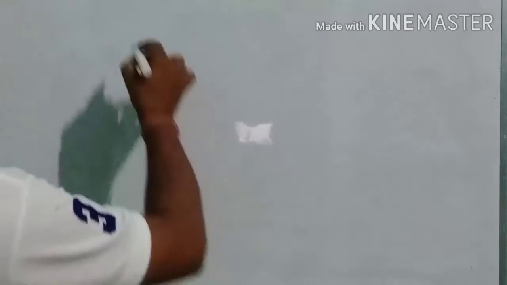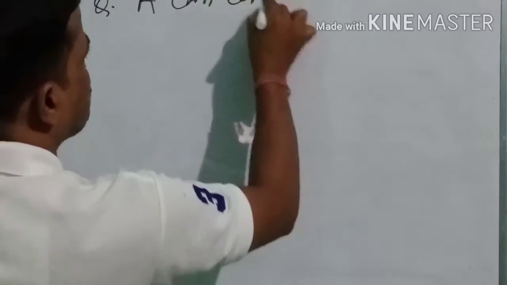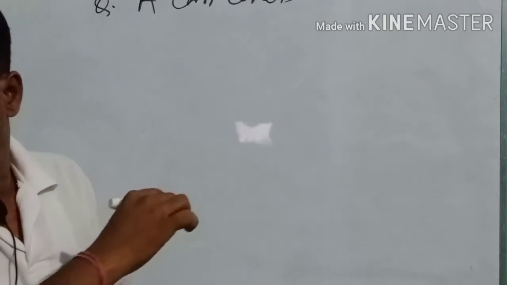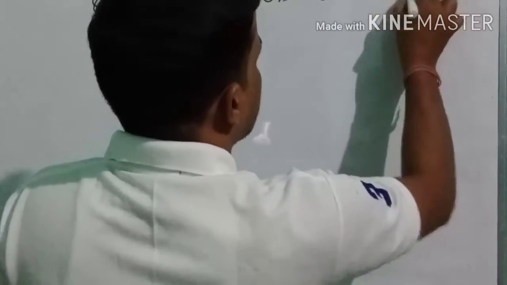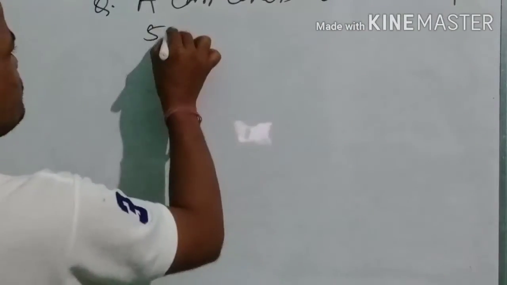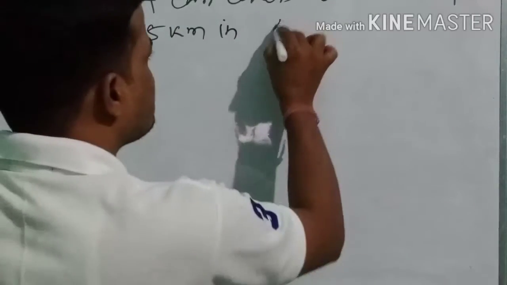Let us see some questions. Question number 1: A car covers a distance of 5 kilometer in 20 minutes.